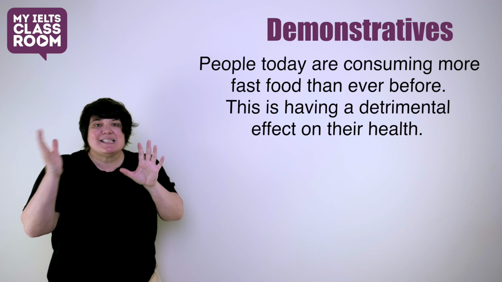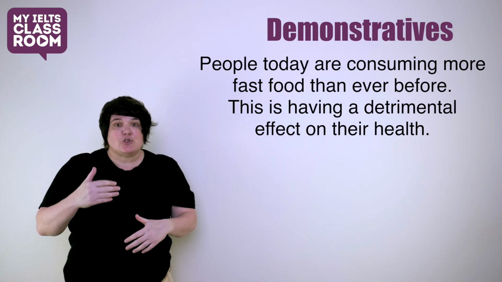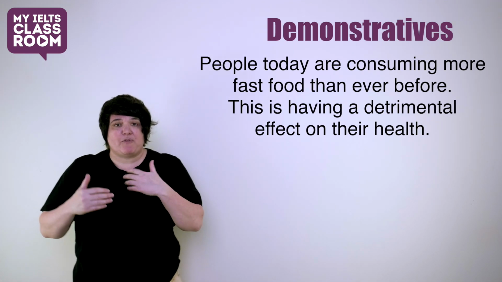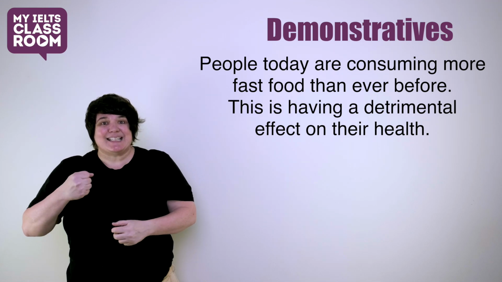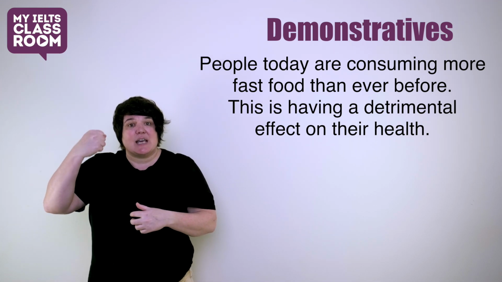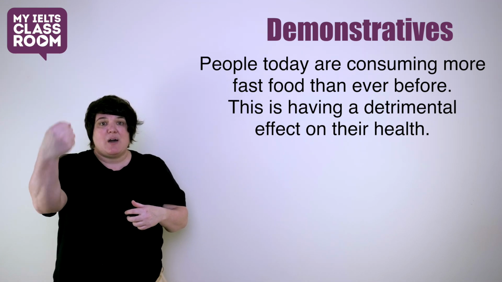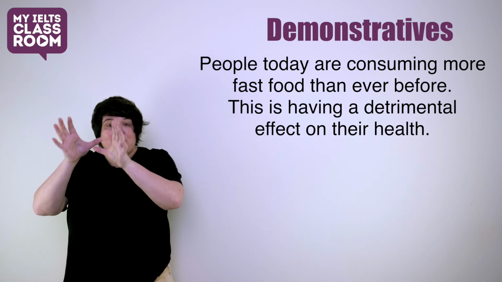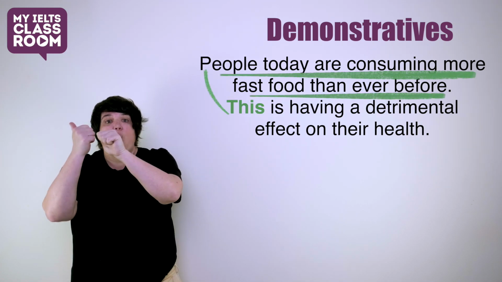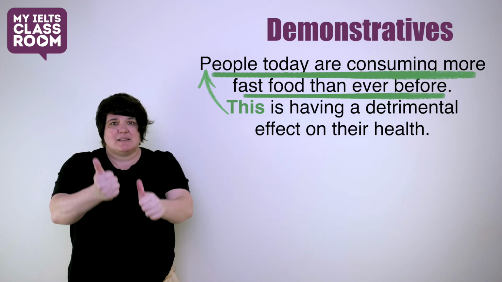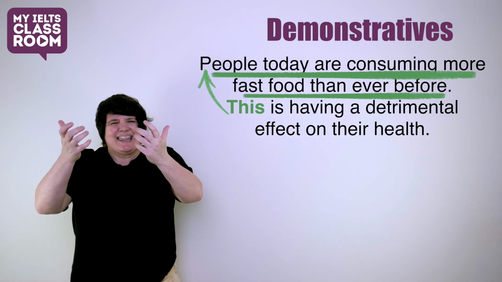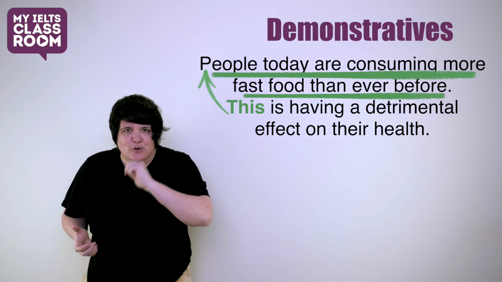For example, in this sentence, people today are consuming more fast food than ever before. We then stop and say, this is having a detrimental effect on people's health. What does this refer to? It's the whole of the previous sentence. Amazing.